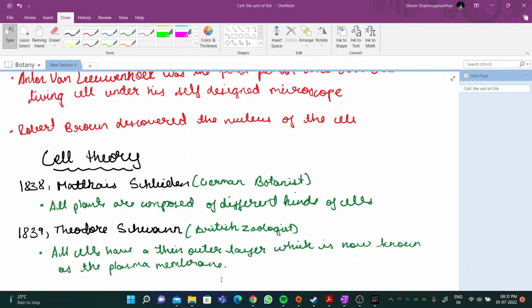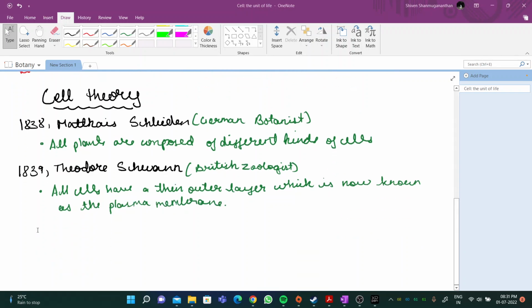The next thing that he stated was that cell walls are unique to plant cells and are not present in animal cells. So let's write that point down as well.